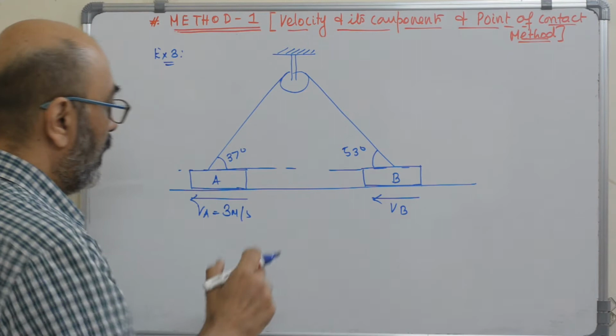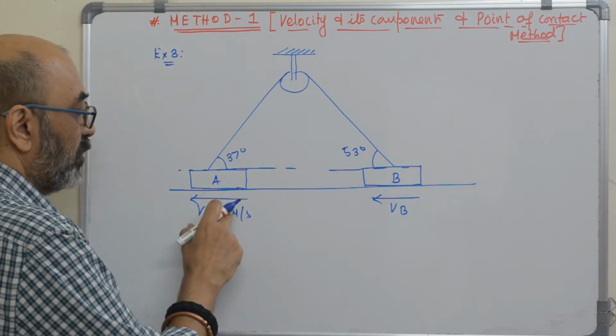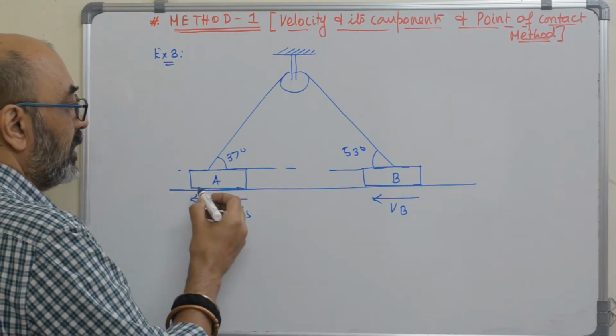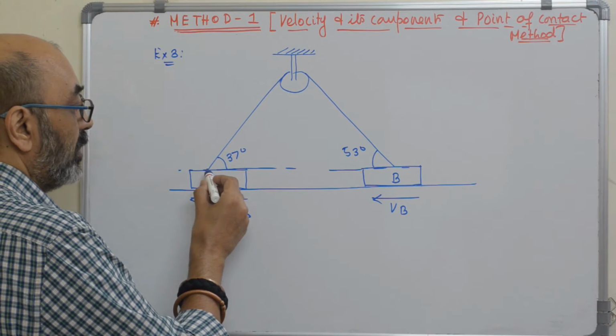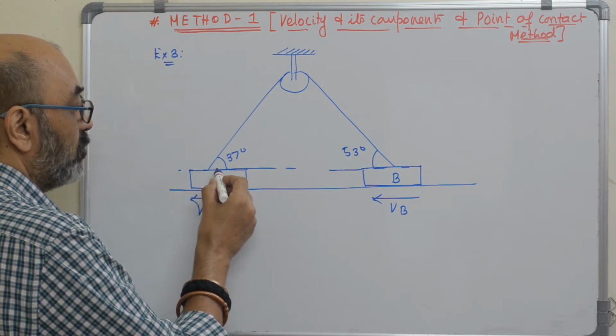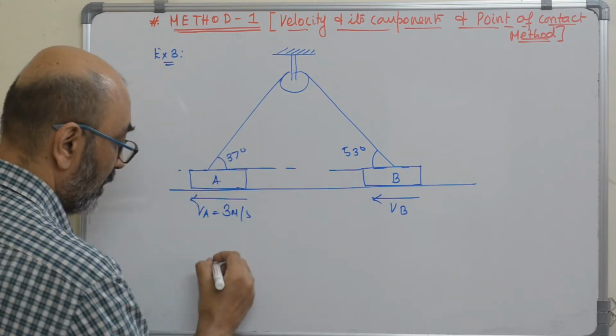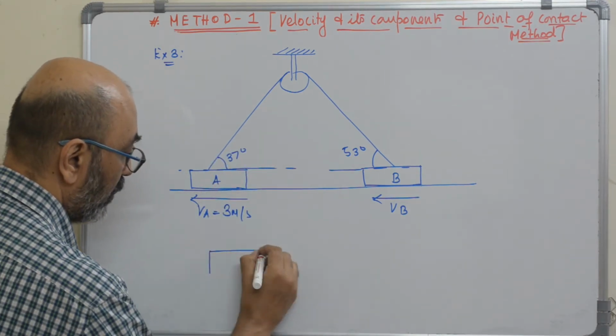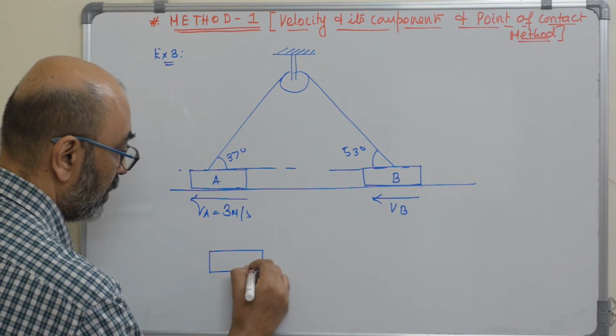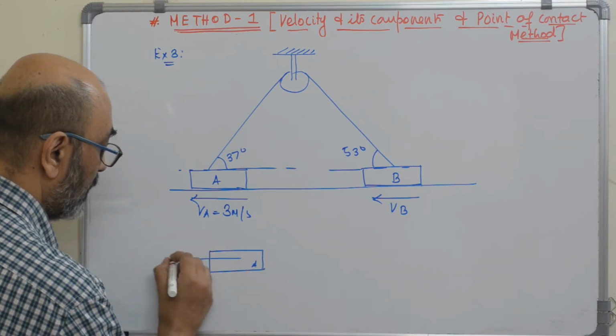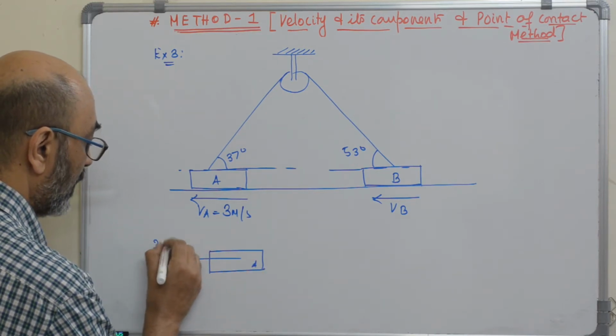Now if this is moving with a speed of 3 meters per second over here, then it is obvious that the component of the velocity is going to be in this direction. For example, we have A over here, and A is moving in that direction with 3 meters per second.